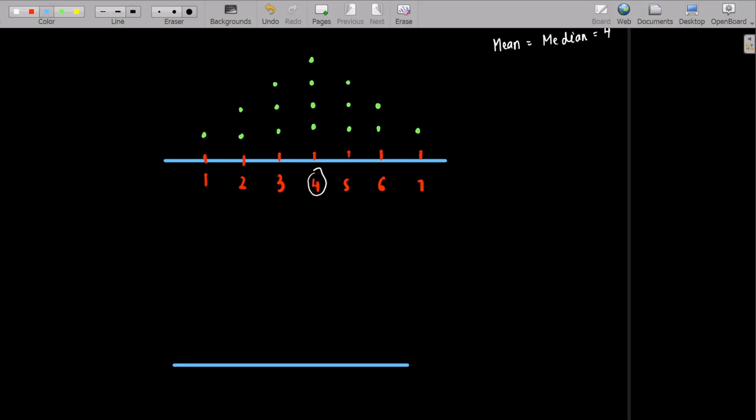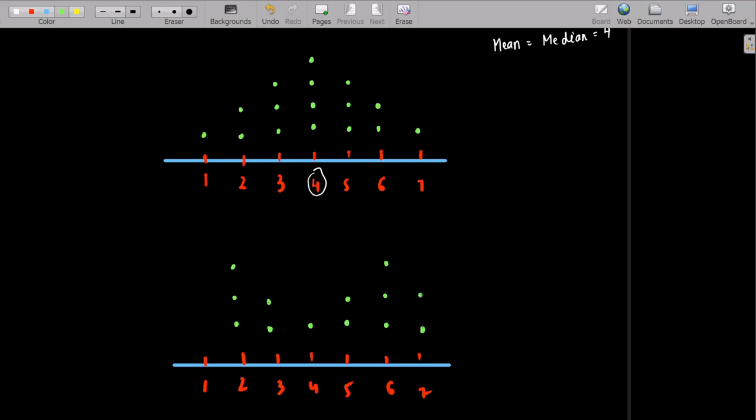on this concept. Now a symmetric data set can also look like this. So if you have 1, 2, 3, 4, 5, 6, 7, it can also look like this. Do you see what I'm doing here?